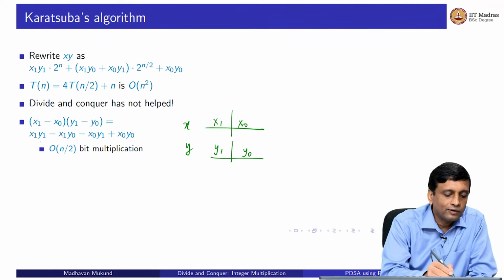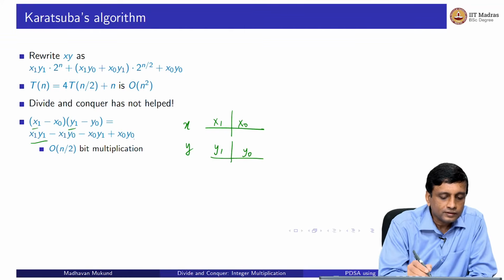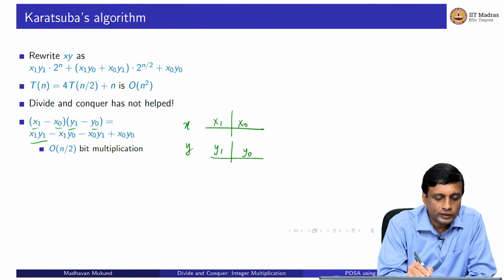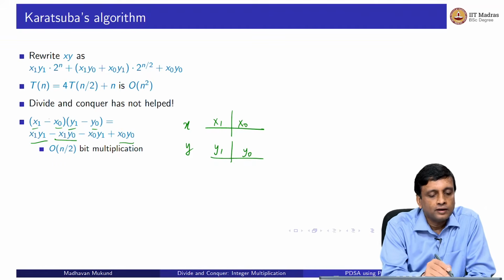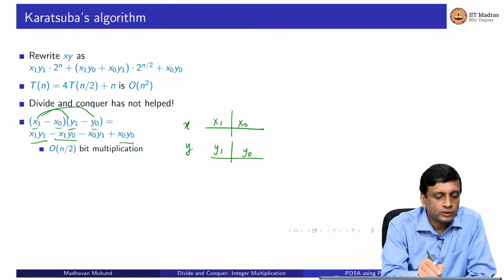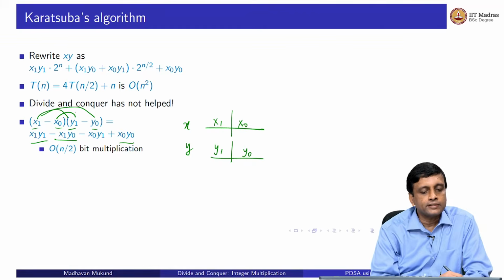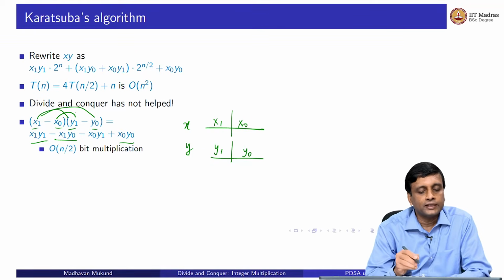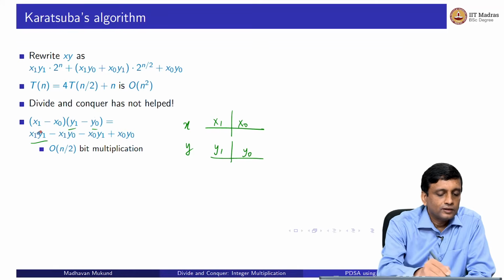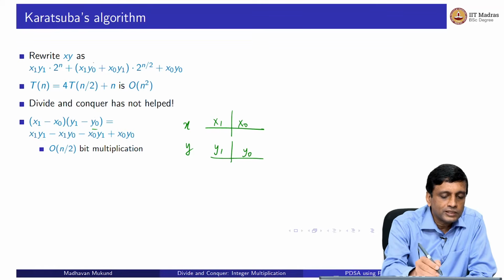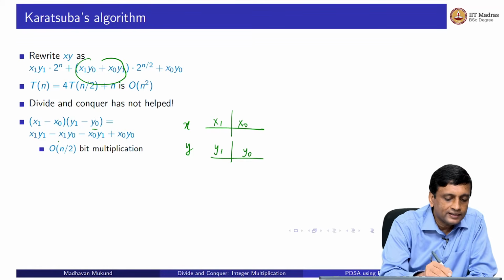Again we get x1 times y1, then plus x0 times y0, because the two negatives cancel, and I have two negative cross terms. So, the point to note here is that the terms that we really need are hiding inside this.